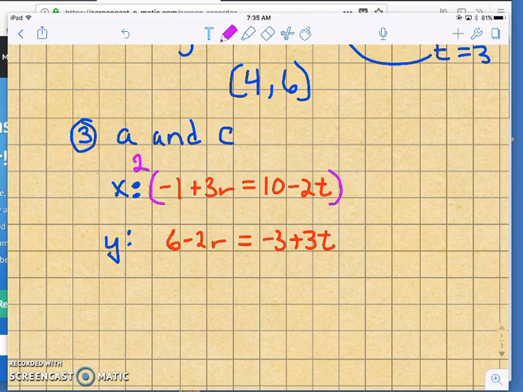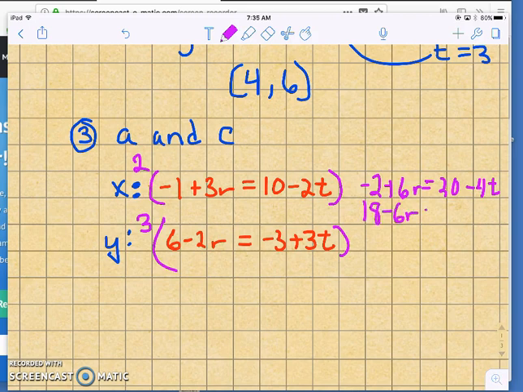So I can multiply this one by 2, and I'd have negative 2 plus 6r equals 20 minus 4t. And then this one, it's positive 6, to make it negative 6, multiply by 3. So I'd have 18 minus 6r equals negative 9 plus 9t.